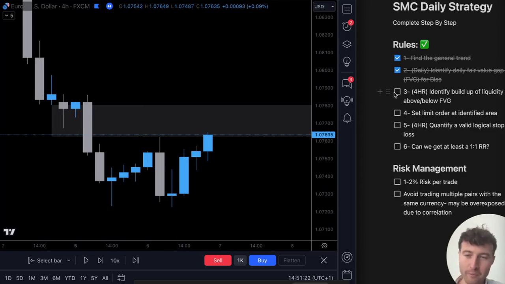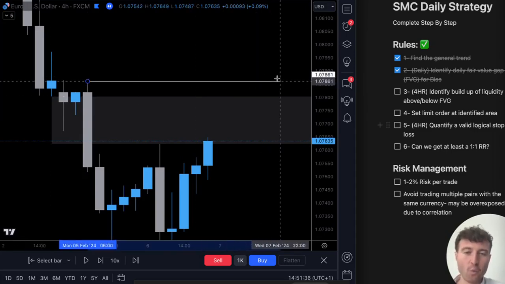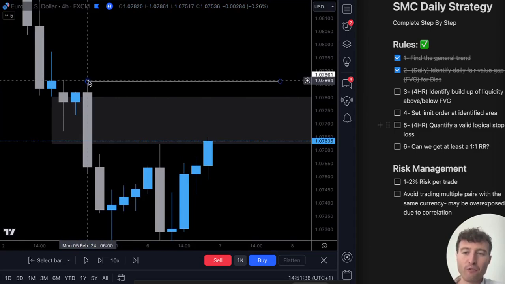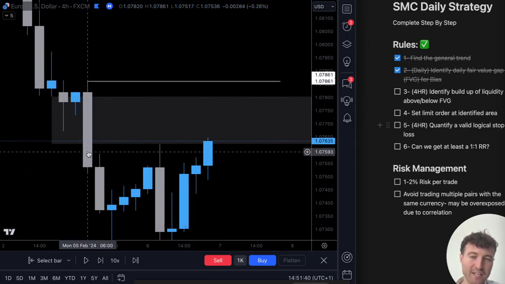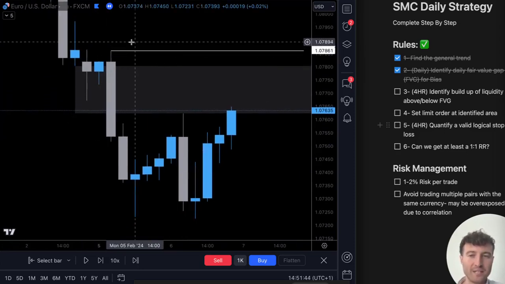So what is a buildup of liquidity? Simply put, it's highs that are resting above the fair value gap, either in the form of wicks or order blocks. For example, right here, you can see we've got a wick here before we sold off aggressively to the downside. This is a form of liquidity.